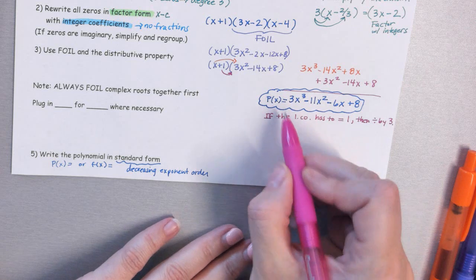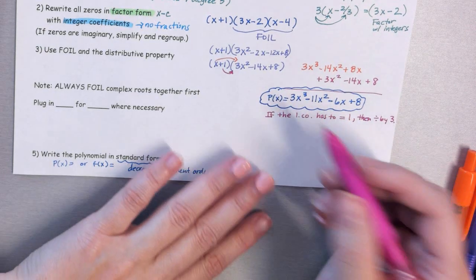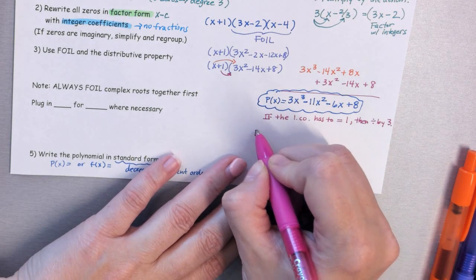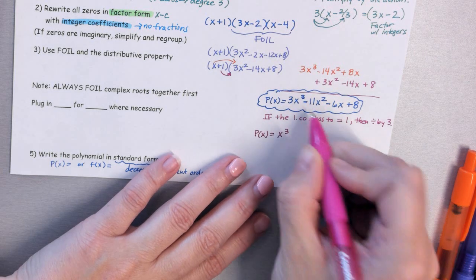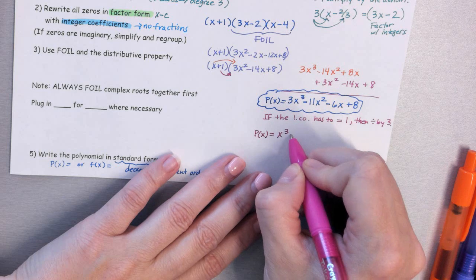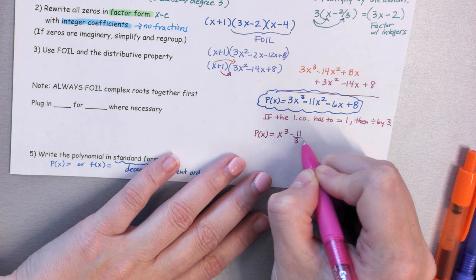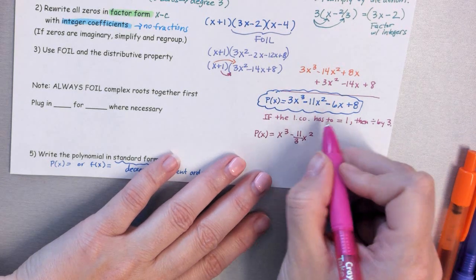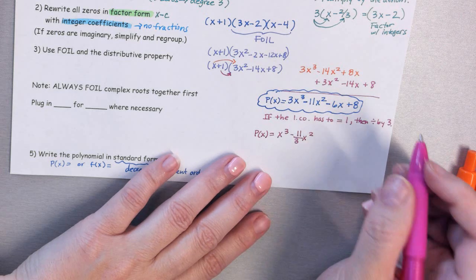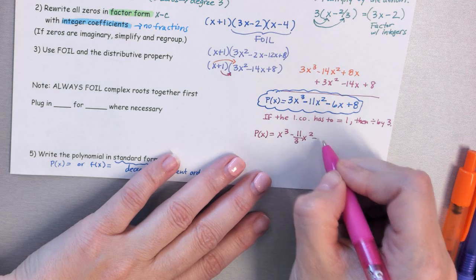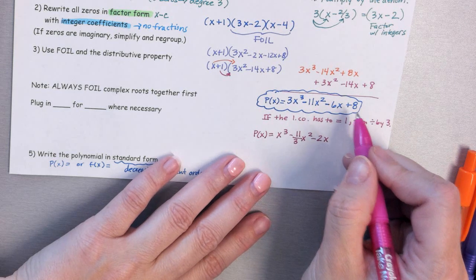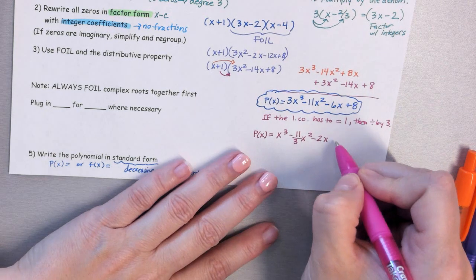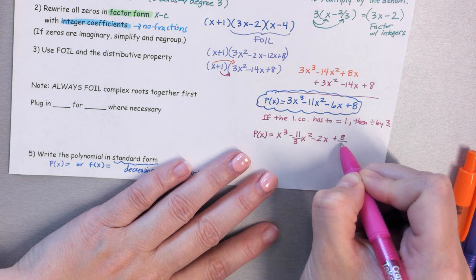So an alternative answer could be p of x equals, if I divide that by 3, I get x cubed. What's negative 11 divided by 3? Just negative 11 thirds. Negative 6 divided by 3 is negative 2x. 8 divided by 3, we're just going to leave it as 8 thirds.